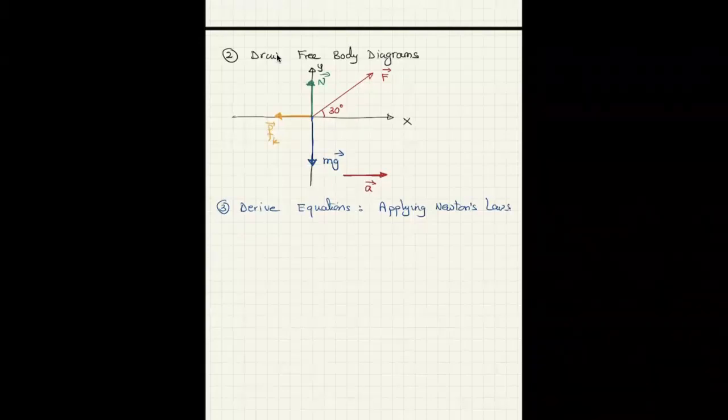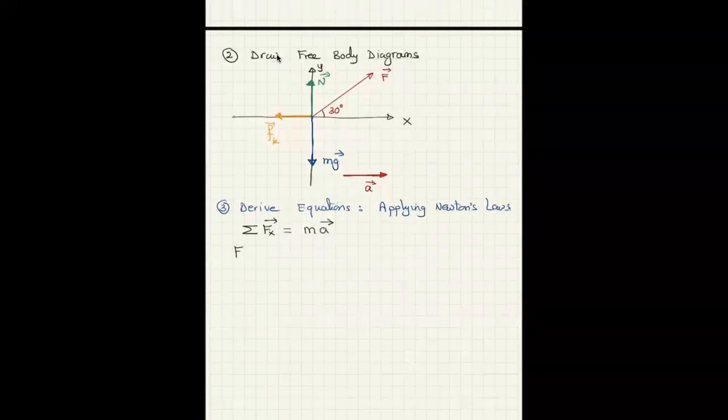The next step is I want to apply first sigma Fx equals ma. Then I will say F cosine 30 minus Fk should equal ma.